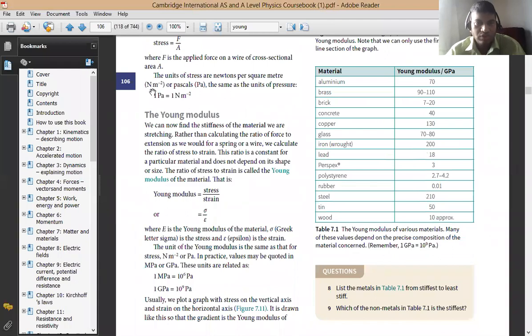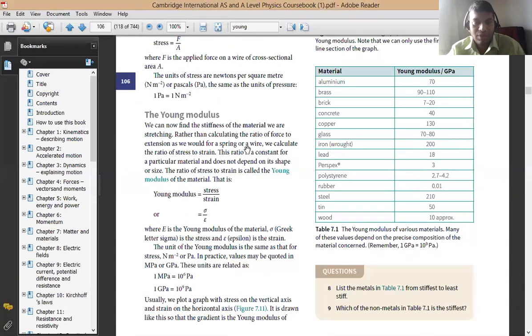So let's go through it first. The stiffness of the material we are stretching, that is what we are talking about in Young modulus. Young modulus refers to the stiffness of a material, rather than calculating the ratio of force to extension as we would for a spring or a wire.